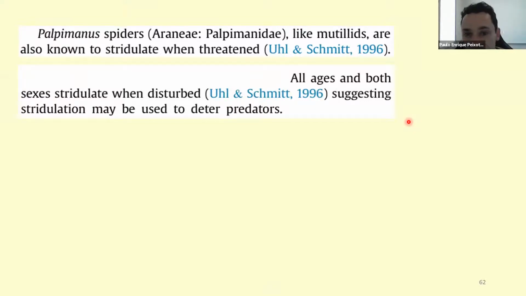And again, they cite the article that has shown this. And after the citation, they put a suggestion, okay, which is not a fact, and they clearly stated this because they wrote, suggesting stridulation may be used to deter predators, okay? So in this part, we have the facts that they used to build this study.